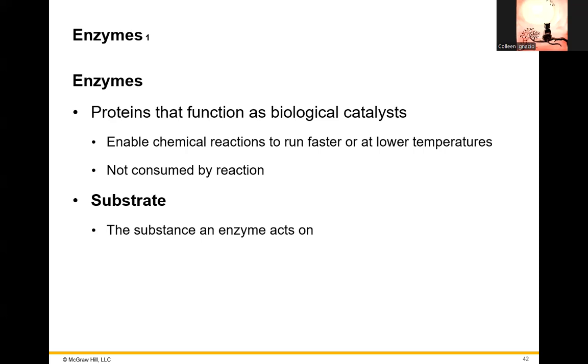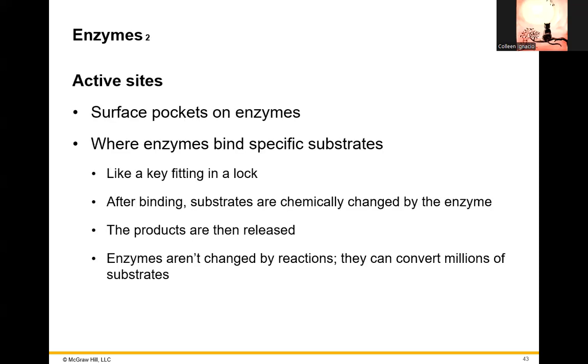And sometimes it is known as the lock and key. So the enzyme itself has an active site, and these enzymes bind to specific substrates. And so it does fit in like a key fitting into a lock.